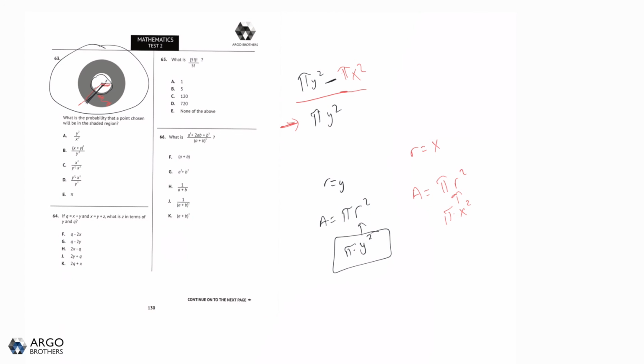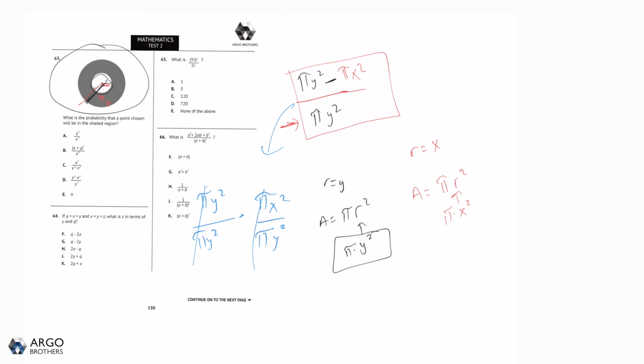If I look at my answer key, I'd see nothing that resembles this, so I will go ahead and further simplify it down, and I can cancel out pi, right? So let's rewrite this equation. I can rewrite this as pi y squared over pi y squared minus pi x squared over pi y squared, and you'll notice that I can cancel out pi over here.